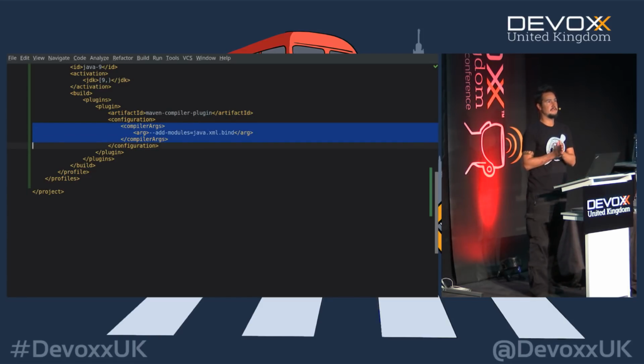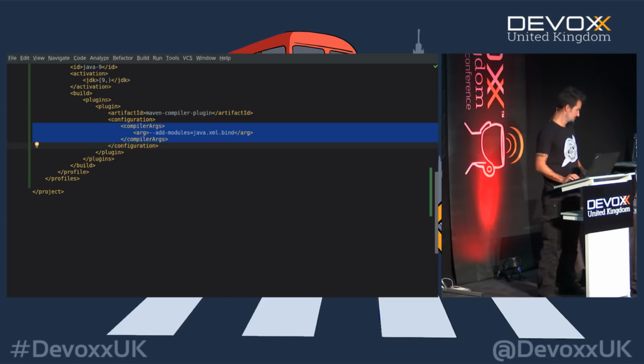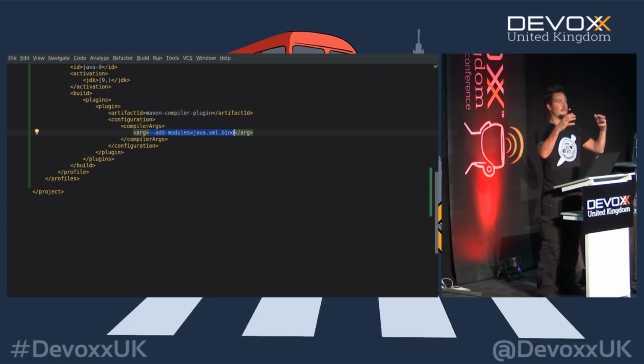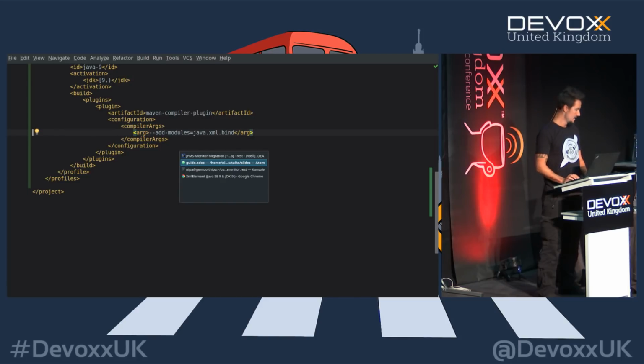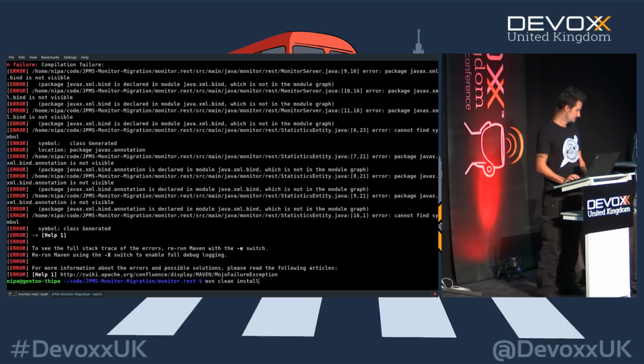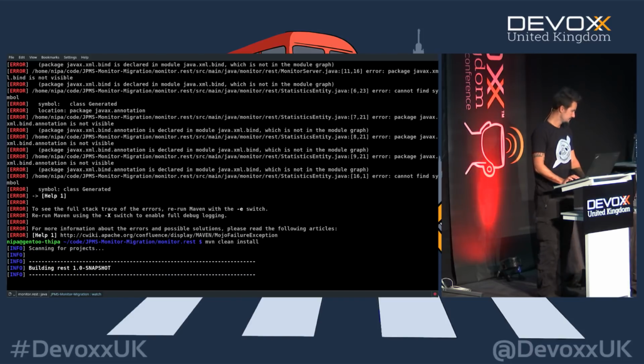Note that Surefire and the compiler plugin have different ways to add these arguments, which is not the nicest thing. But anyway, this way we tell the compiler to add that module when the module system builds up the whole module graph. It will include that module because it is not resolved by default, because it's a Java EE module. All other modules are resolved by default. Java EE modules are not. Okay, so here we go. Let's build this again.